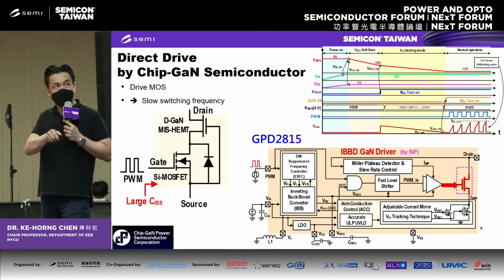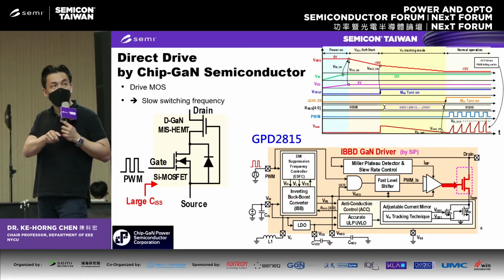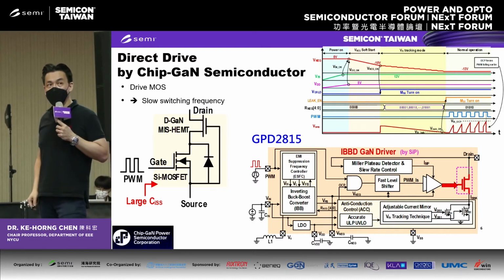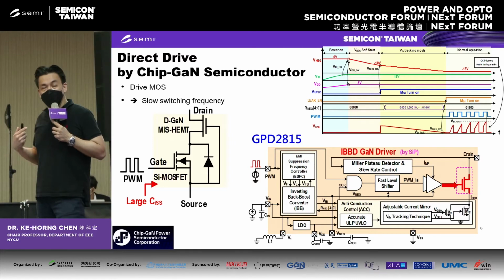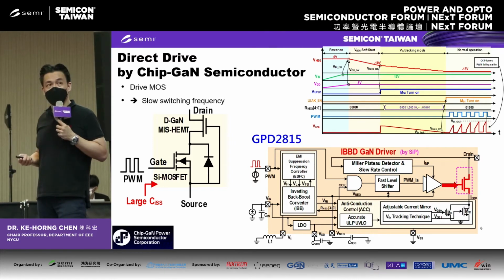Similarly, it has the same advantage because the GaN drive signal is applied on the gate of the GaN. So it has the advantage of high switching frequency and high efficiency.